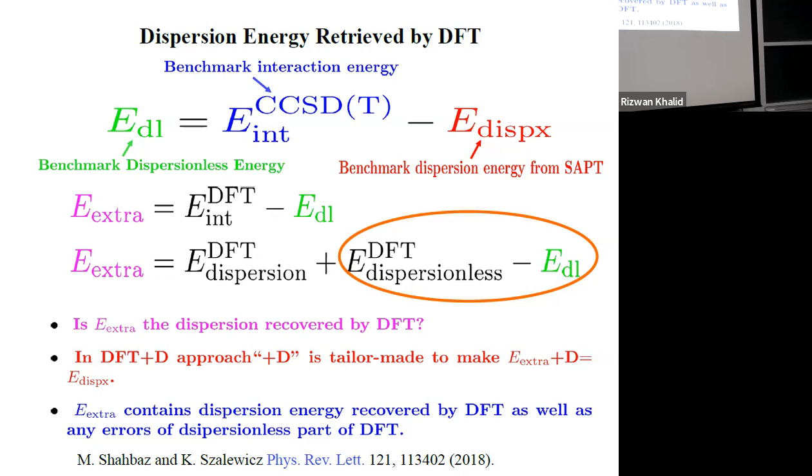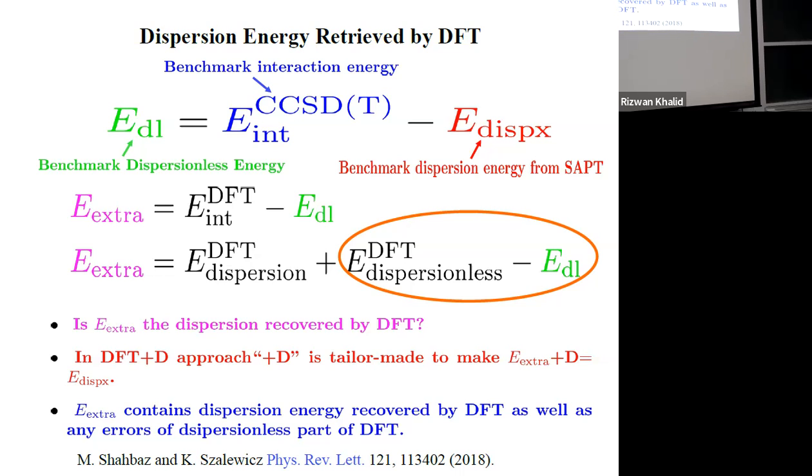So if you assume that DFT has the dispersionless energy correct, but the dispersion energy is not correct, then the difference of the DFT energy with the dispersionless energy should give you the dispersion recovered by the DFT method.